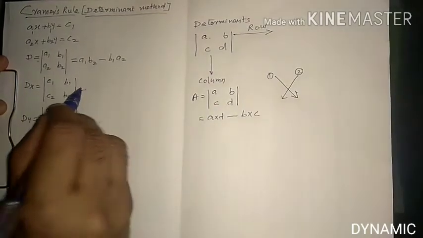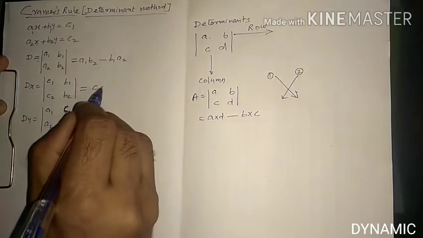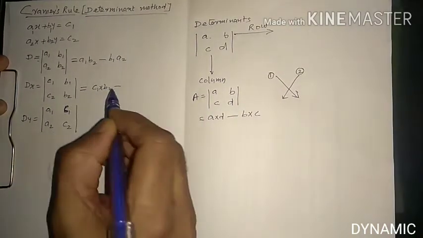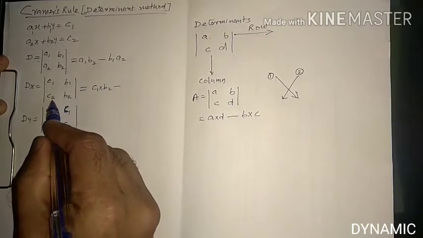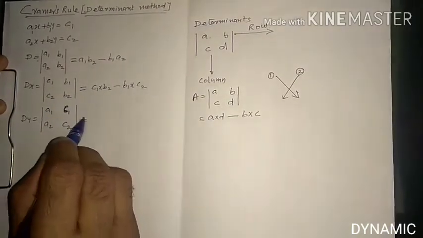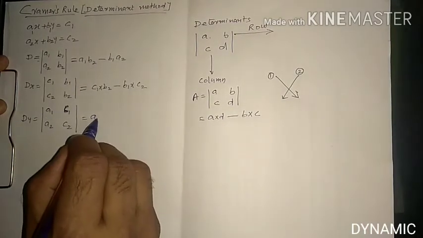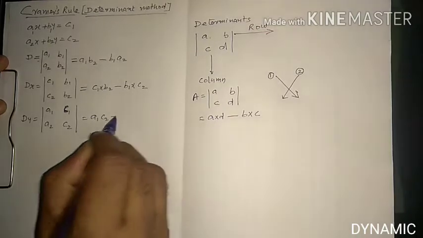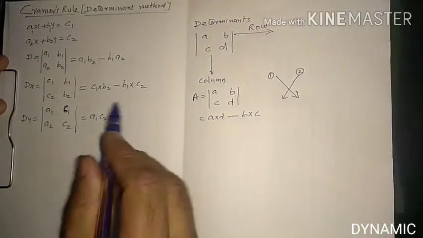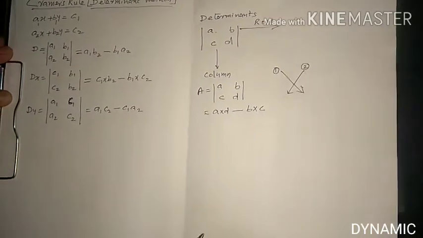This Dx we expand: c1 into b2 minus b1 into c2. This Dy we expand: a1 into c2 minus c1 into a2.